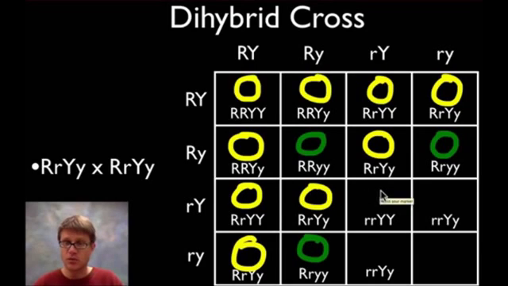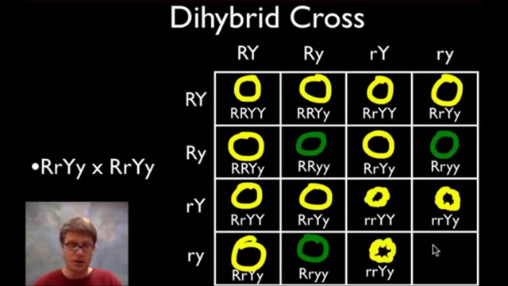These ones are going to be wrinkled and yellow. And then if we look at the last one, it's going to get all of the recessive alleles, so that one's going to be green and wrinkled.